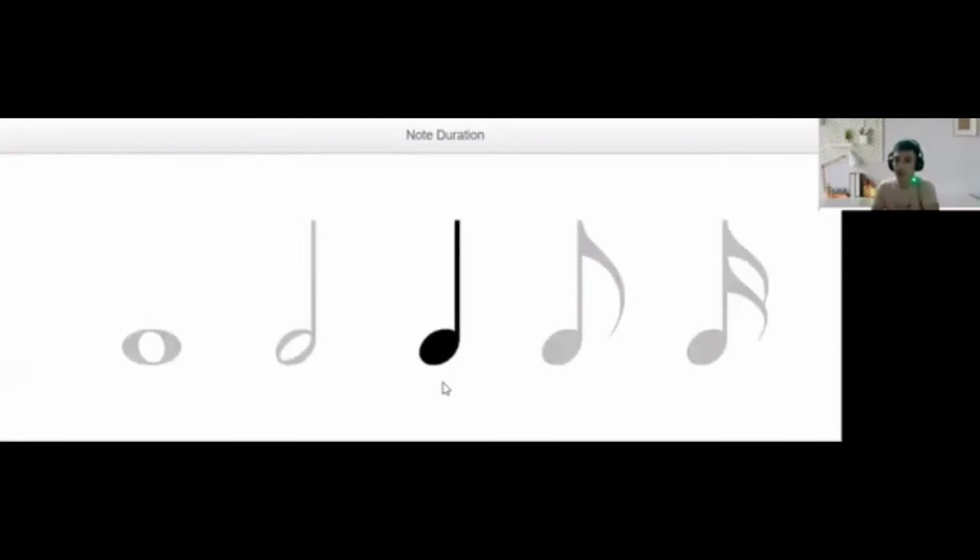The next one is a quarter note. It is a fourth or a quarter of a whole note, where the whole note is 4. It receives 1 beat of sound. So there's only 1 beat for each quarter note.